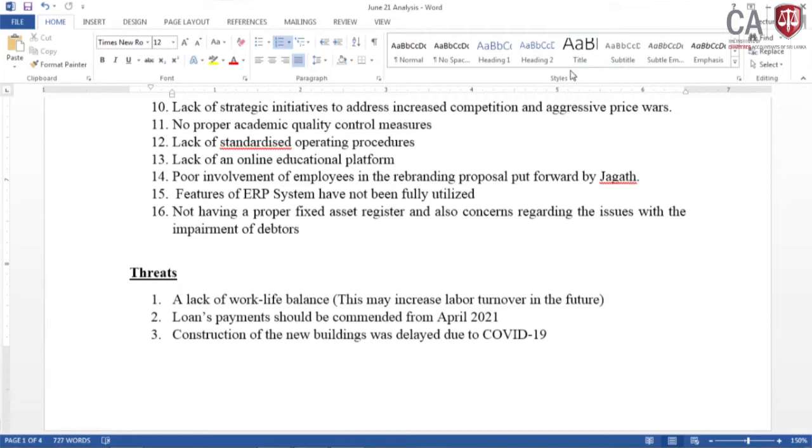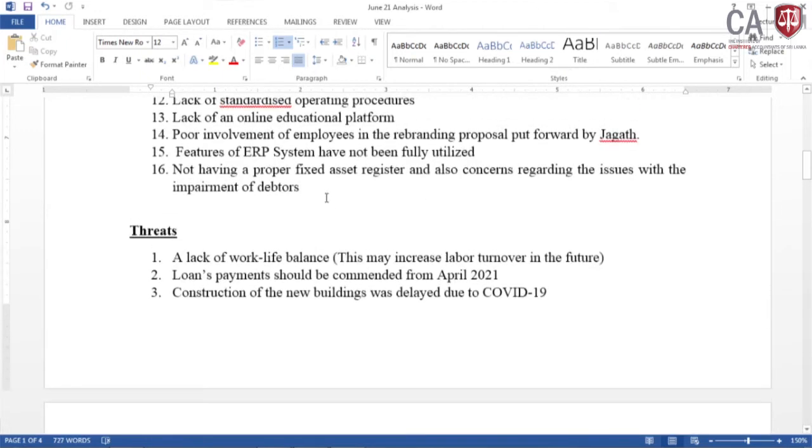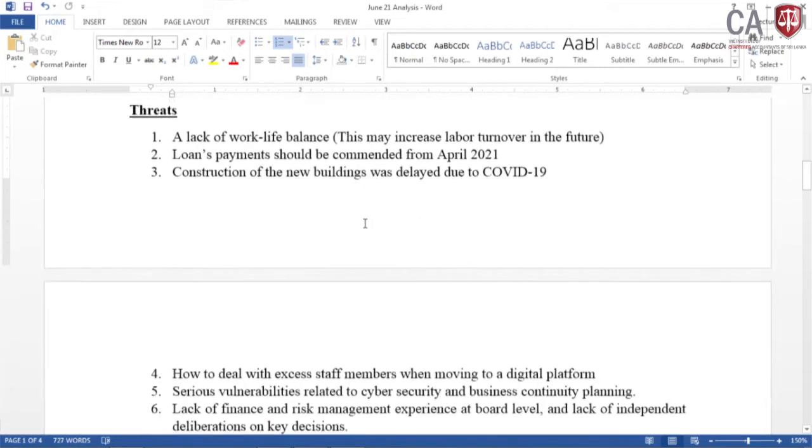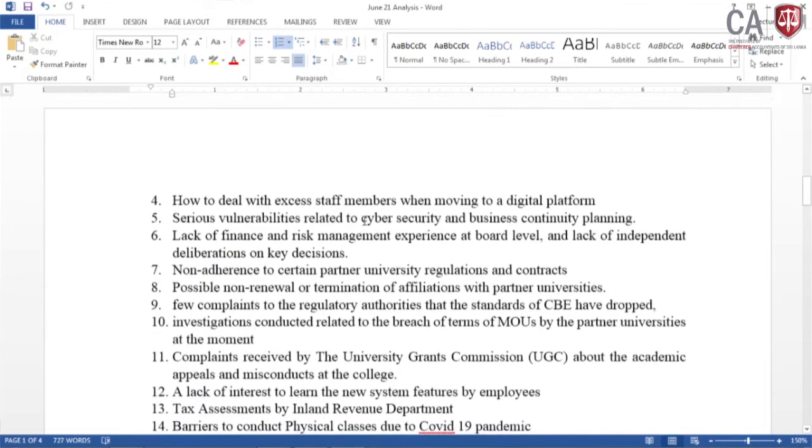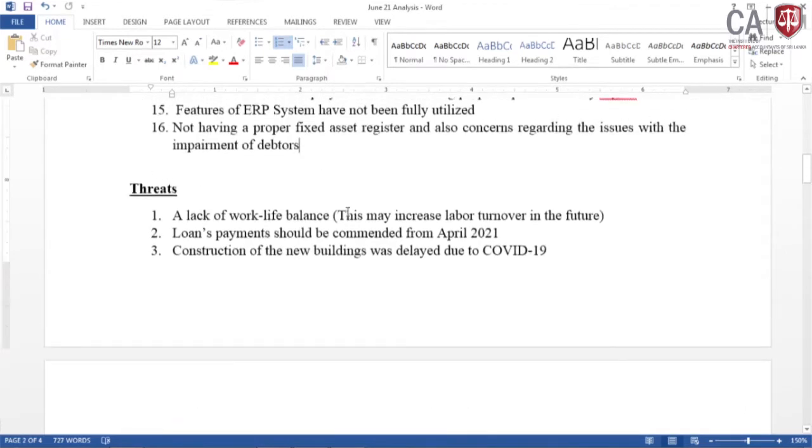Lack of an online educational platform, they do not have an educational platform. Poor involvement of employees in the rebranding proposal put forward by Jagat, it is a weakness. Then features of the ERP system have not been fully utilized, weakness. Not having a proper fixed asset register and also concern regarding issues with the impairment of debtors, weakness. So, what are the threats?